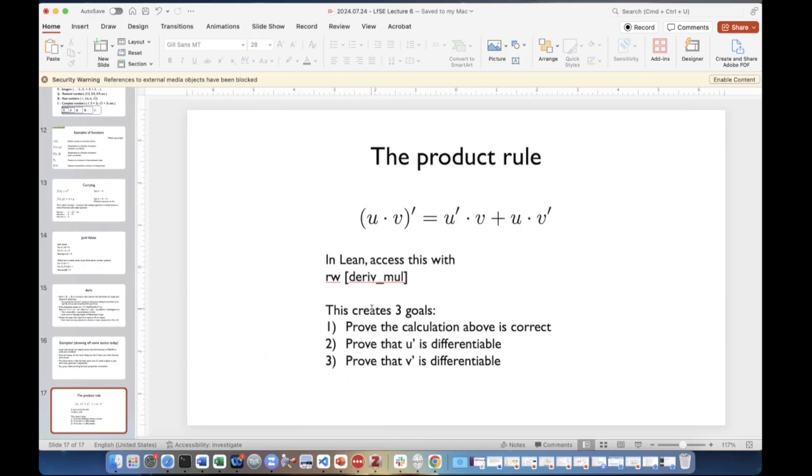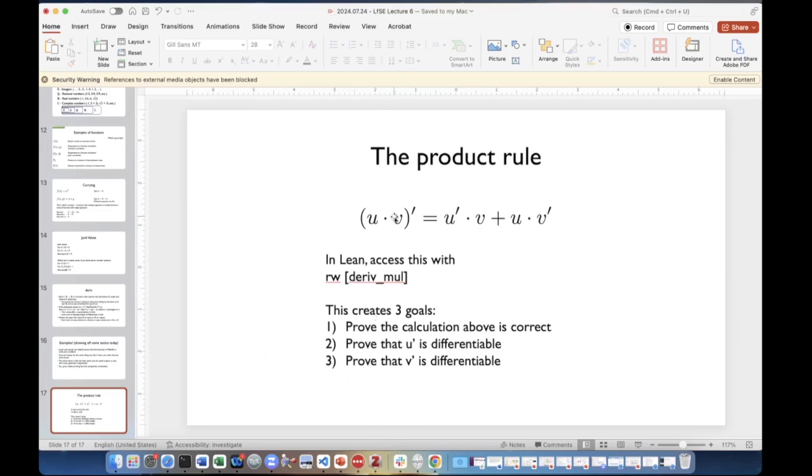And this is going to be creating 3 goals for us. We need to prove that this calculation above is correct, but then it also creates extra goals. We need to prove that u prime and v prime are both differentiable, which is annoying, right? But that's what makes Lean rigorous, is we end up creating all of these goals and we need to close all of them before we're absolutely certain that we're correct.